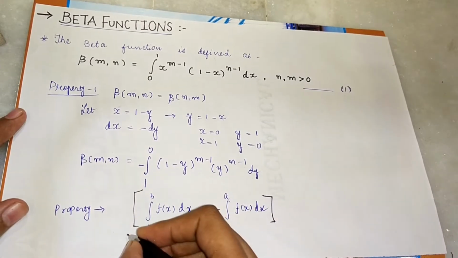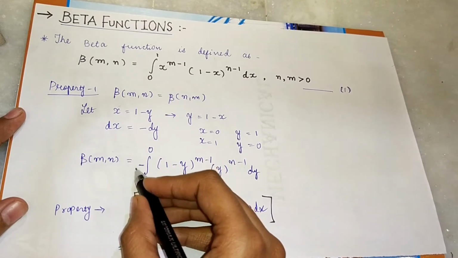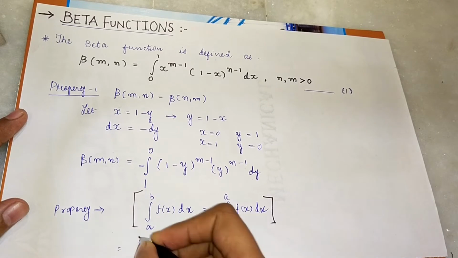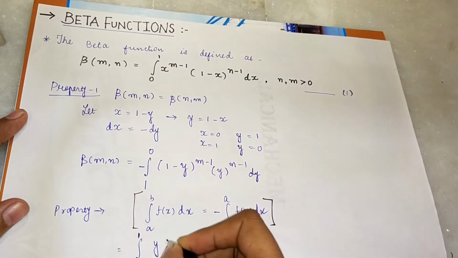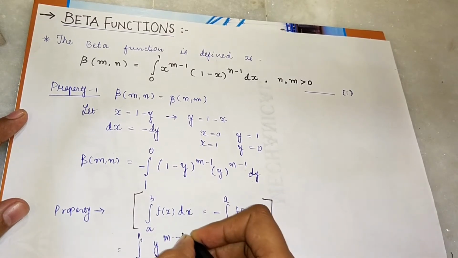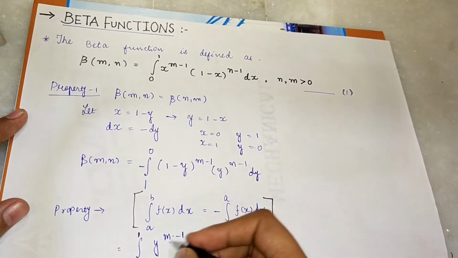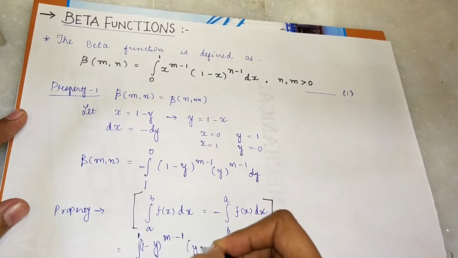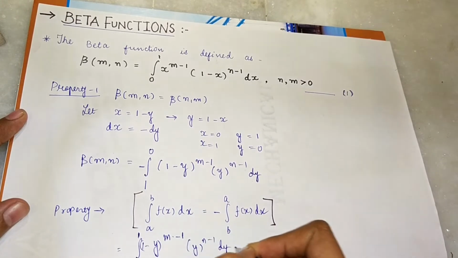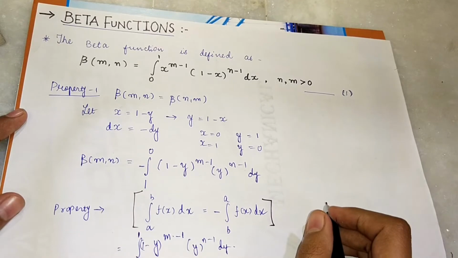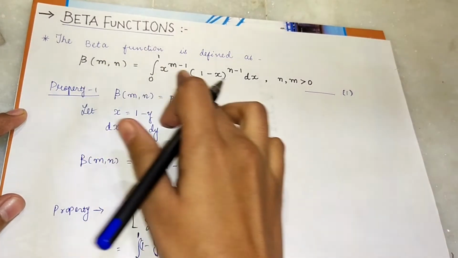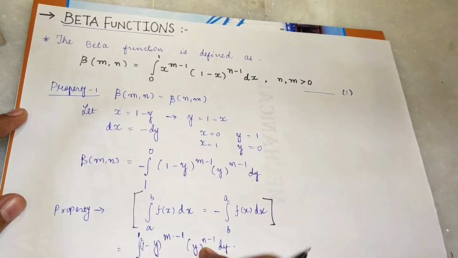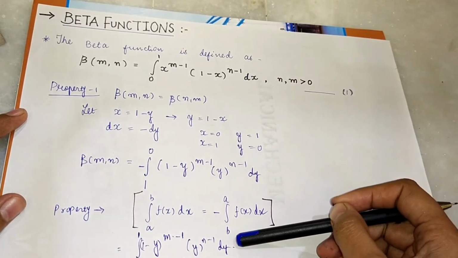So if we remove this negative sign, then limits will change, that is 0 to 1, 1 minus y raised to m minus 1 and y raised to n minus 1 dy. So from this we can prove that beta m comma n is equal to beta n comma m, because we have converted these x terms into y terms.